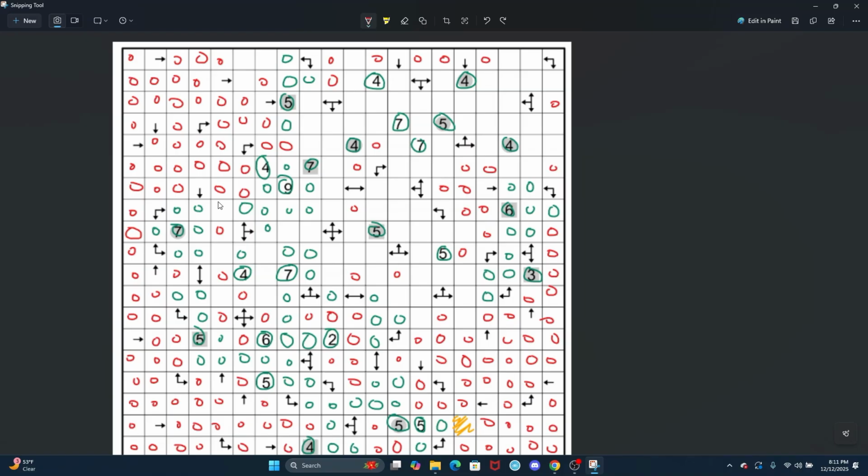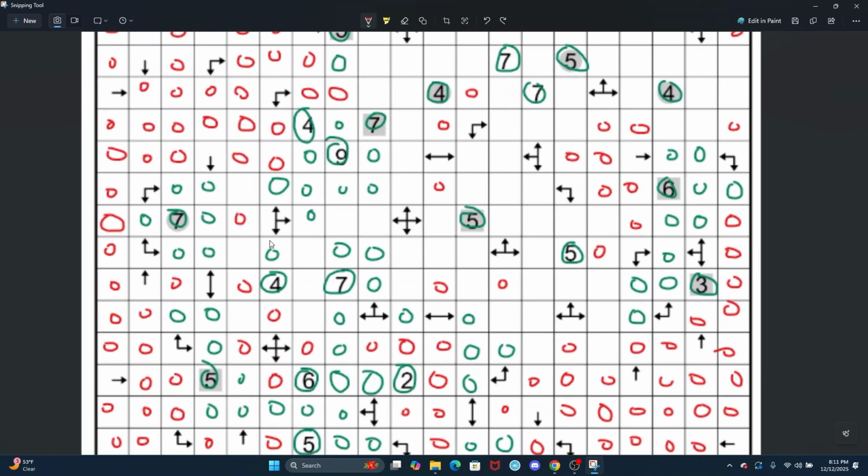I'd really like to fill out sort of this section here, because it looks almost done, but we're just missing a couple of things, I guess.